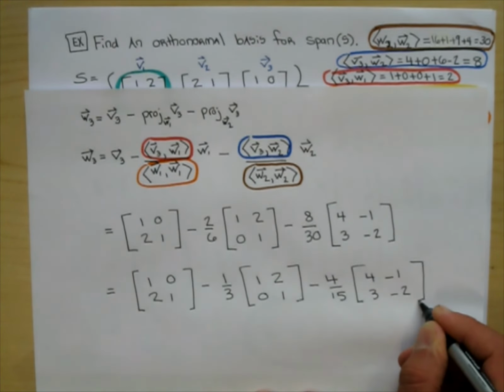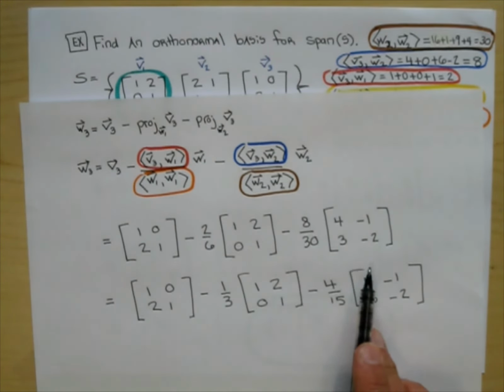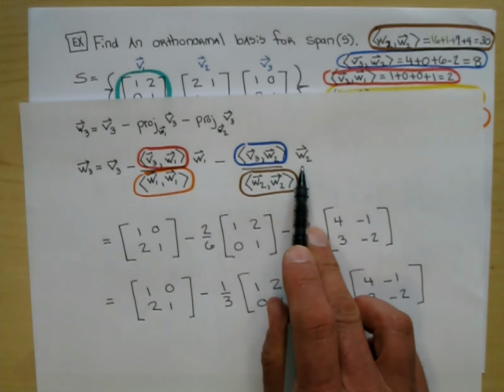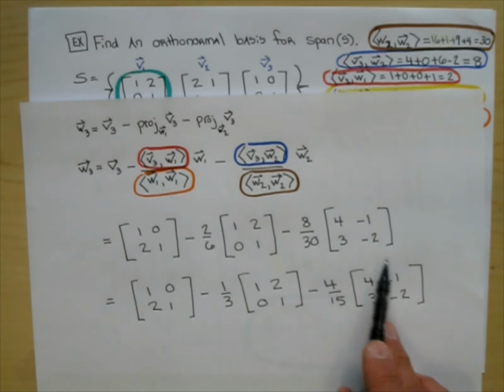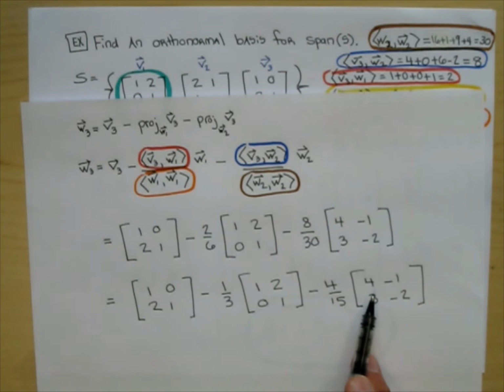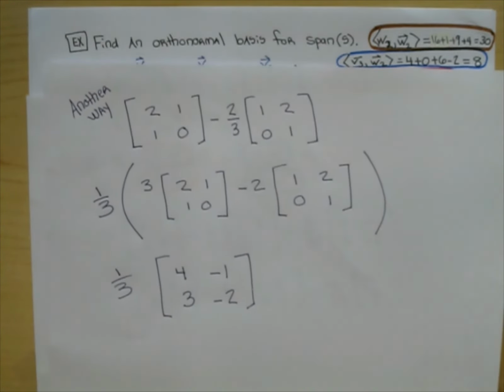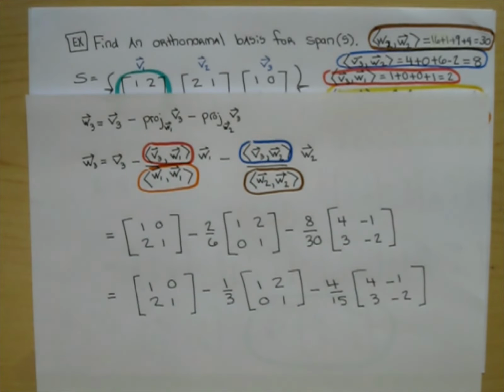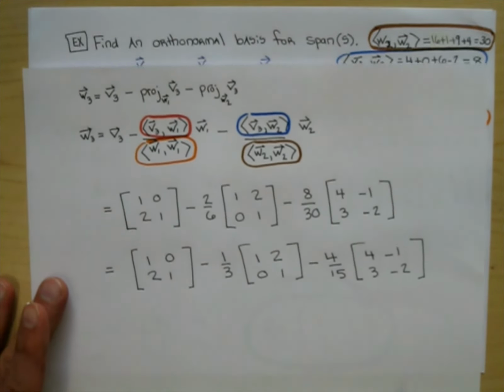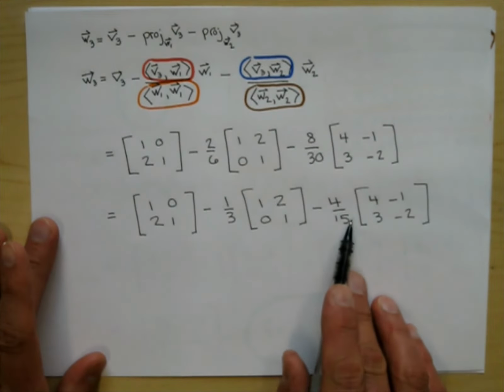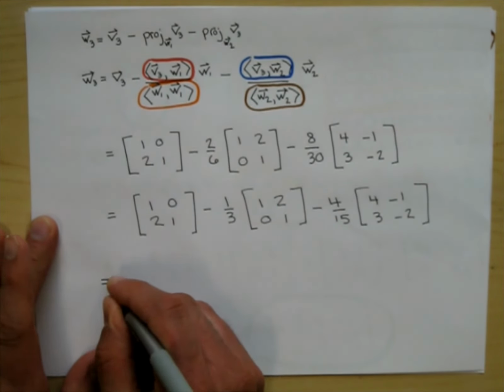Now see what happens? I scaled this W2. Your book wouldn't have, and there would have been lots of ugly fractions in there. Remember how I did this little trick where I factored out a fraction? I'm going to do that this time because I don't want to work with fractions too much more, so I'm going to factor out a 1 over 15.